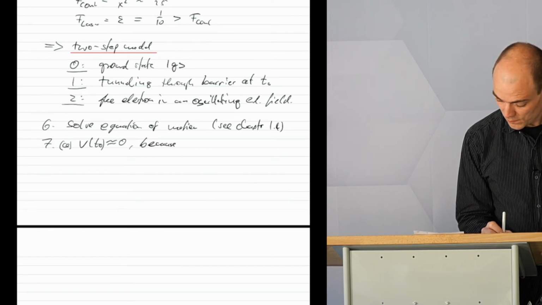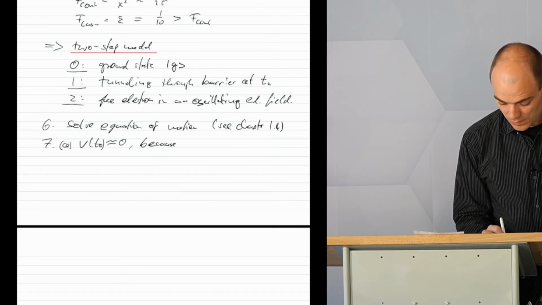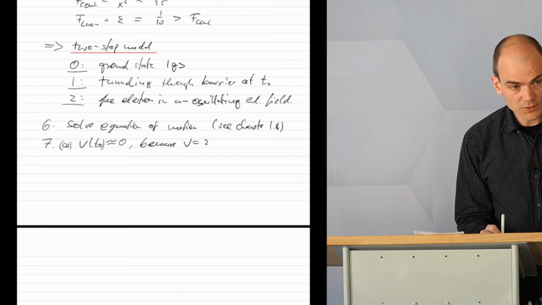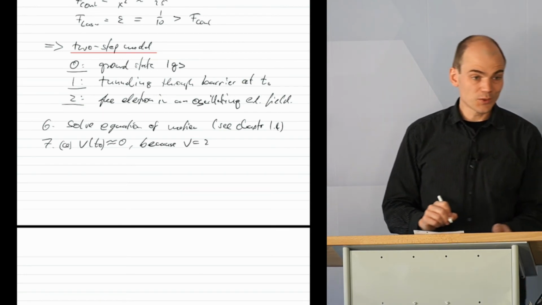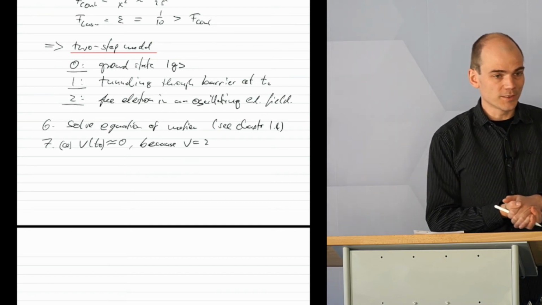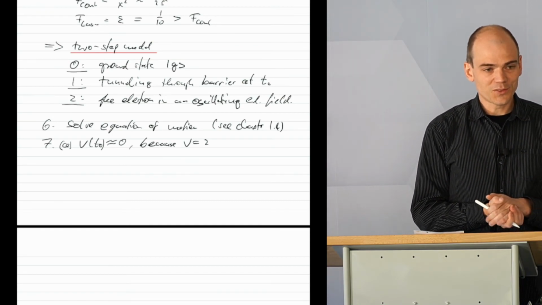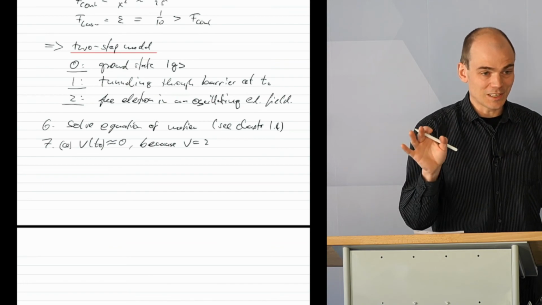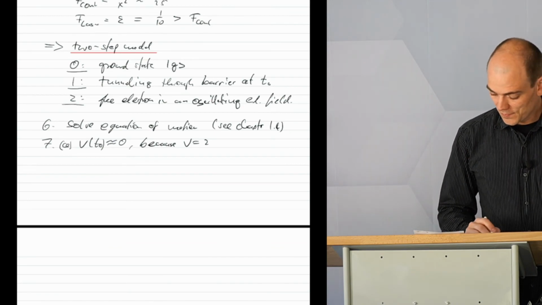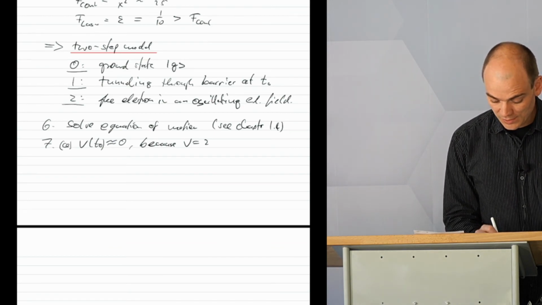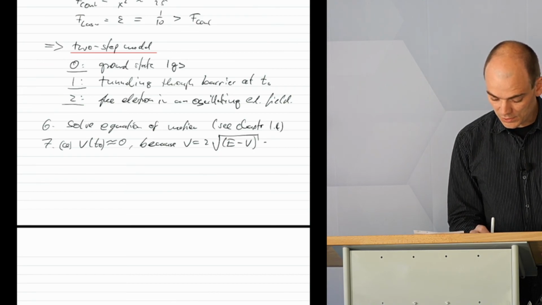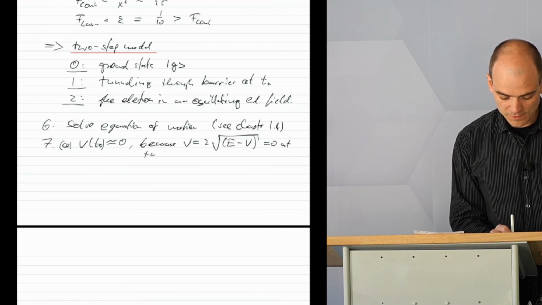T0 is the time of tunneling. For now we assume that tunneling is instantaneous, and this justifies that we can completely neglect this area. The velocity can be written as the square root of 2 times energy minus potential, and this is of course 0 at the tunnel exit.